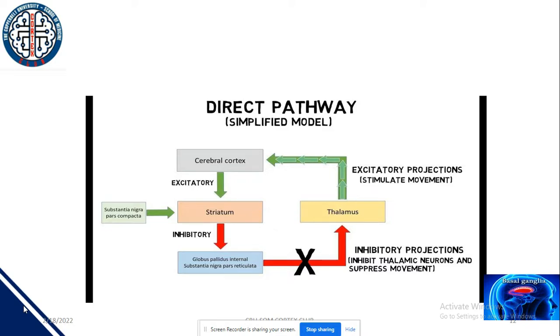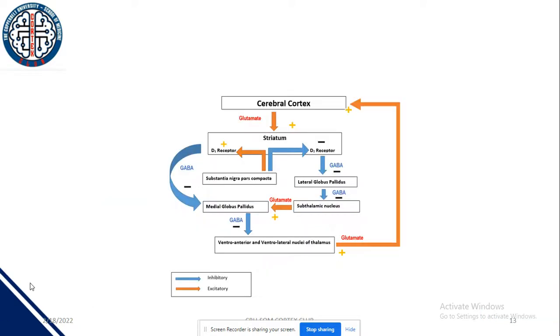Since they have been inhibited, this X shows that there will be little or no GABA acting on the thalamus. So if that happens, it means the thalamus will have more glutamate being produced in order to excite the cerebral cortex. You can move to the next.